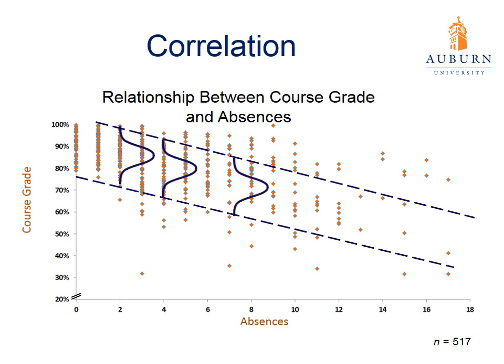So this might be an example of a violation of equal variances, in that it appears that as absences increase, so does the variability at each level of absences. Or in other words, course grades tend to be more spread out as absences increase. If we put 2 dashed red lines that represent the actual variability at each level of absences, you can see that those 2 lines tend to get farther and farther apart as we increase in absences.